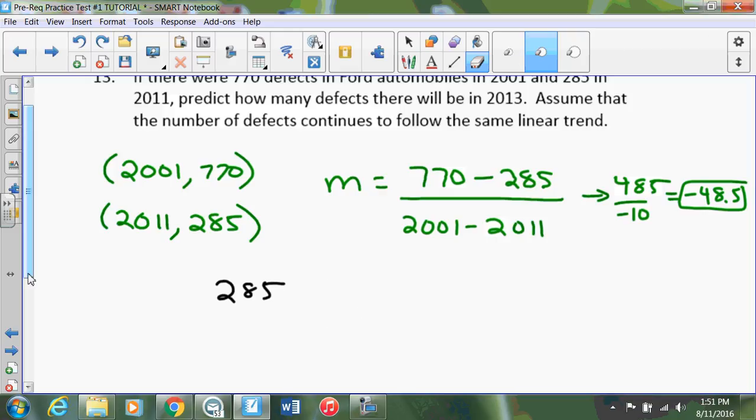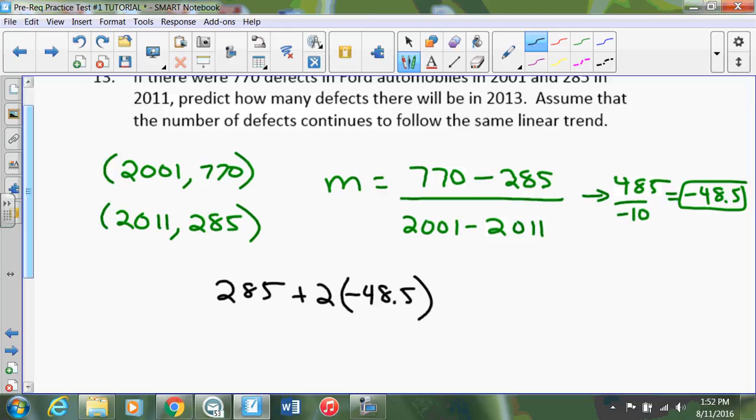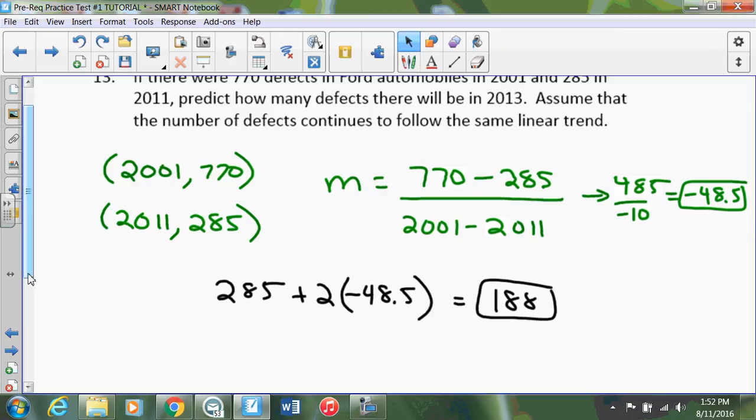So 2 more years will pass, and each of those years it's going to fall by 48.5. When we do the math there, we're going to get 188. So there'll be much less defects in 2013 than in 2011.